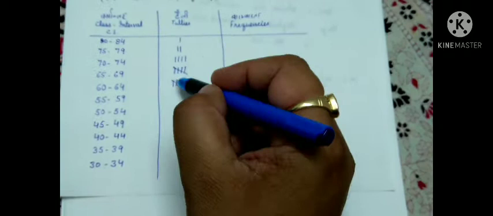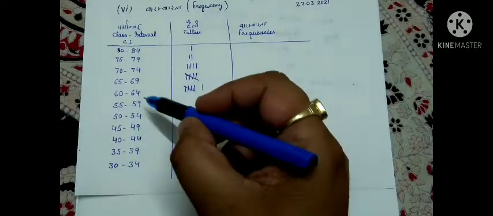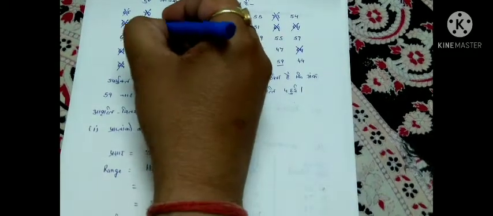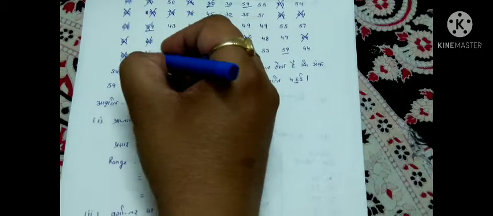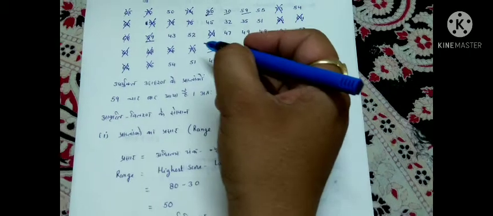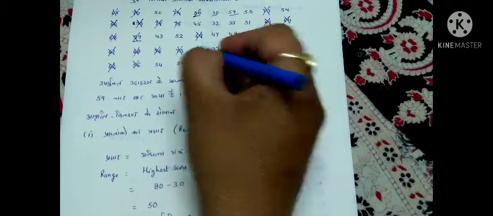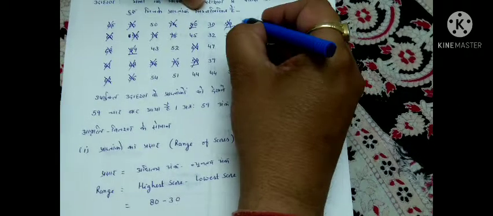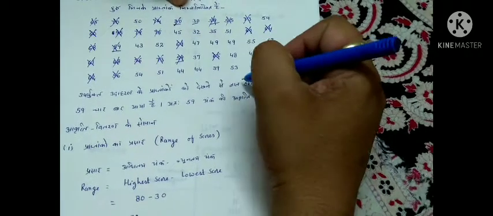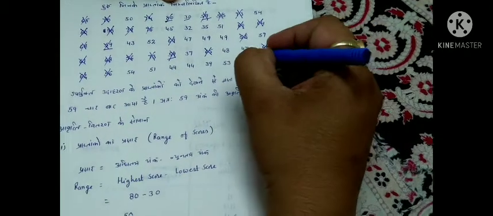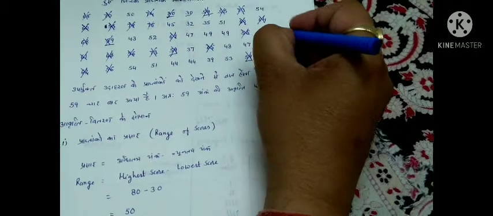टैली चिन्ह को इस तरह से हम लगा रहे हैं, ठीक है. Now the next class interval is 55 to 59. 1, 2, 3, 4, 5, 6, 7, 8, 9 and 10.